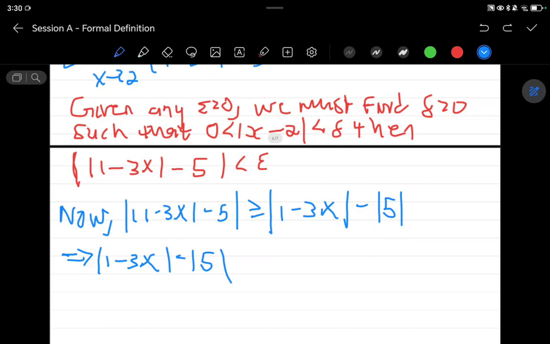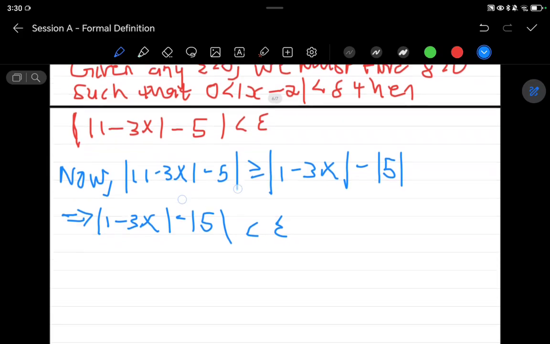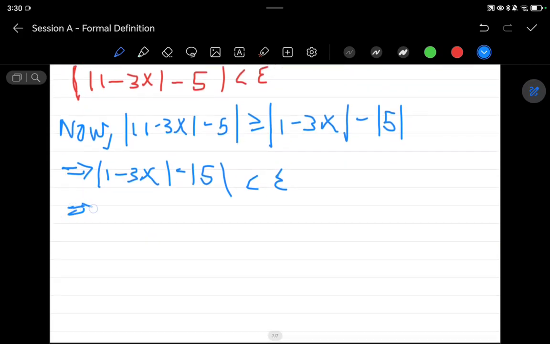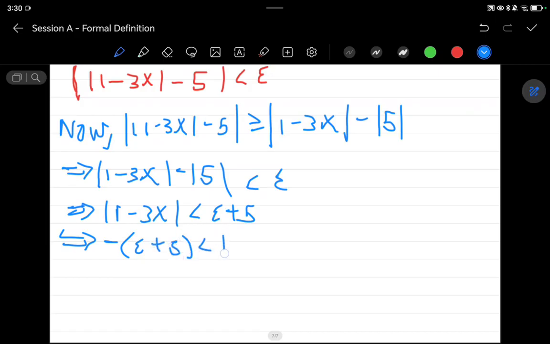Some would prefer to rearrange it and start with this and say it's less than epsilon. Which would imply that the absolute value of 1 minus 3x is less than epsilon plus 5, I took 5 to the other side. Then I can simplify it to minus epsilon plus 5 less than 1 minus 3x less than epsilon plus 5.